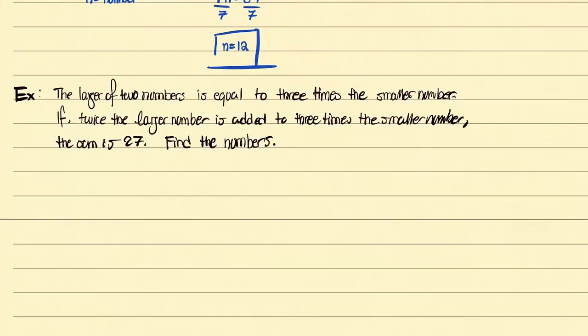What I'm going to do is call the larger number capital N. Ooh, maybe I won't use capital N because I don't want to use lowercase n for smaller number. What I'm going to do is say L is the larger number. And S is the smaller number.